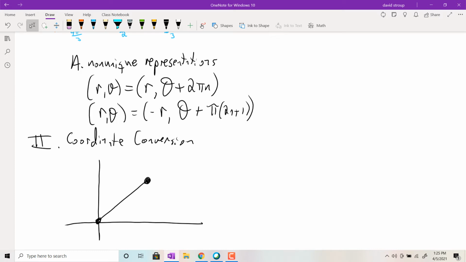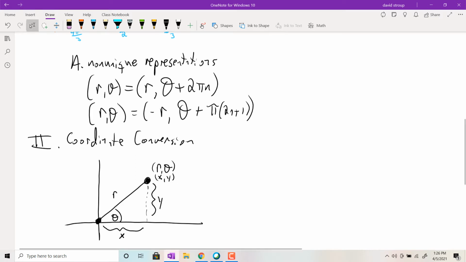It could be represented with the coordinate r comma theta or the coordinate x comma y. And then this would be our angle theta, and the distance from this point to this point would be r, and this distance would be x, and then this distance here would be y.